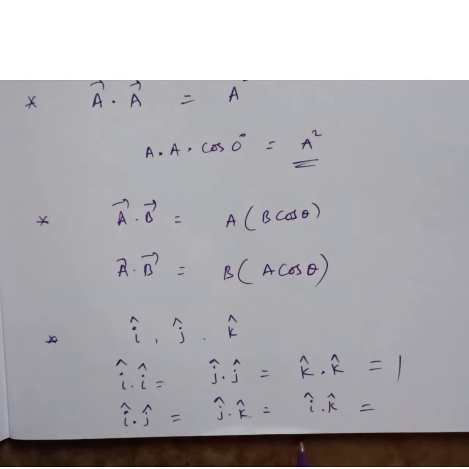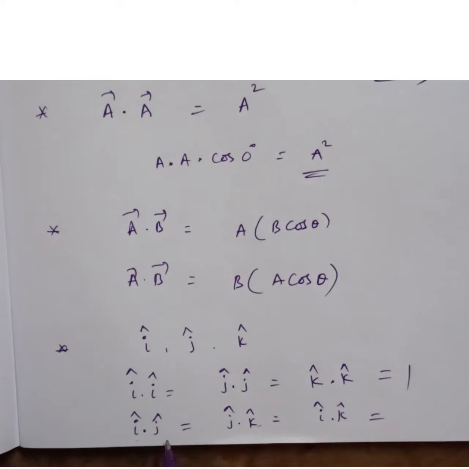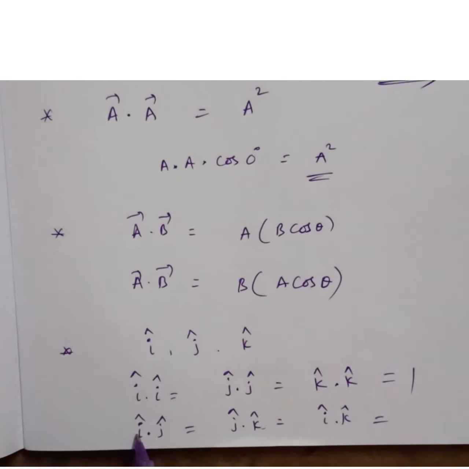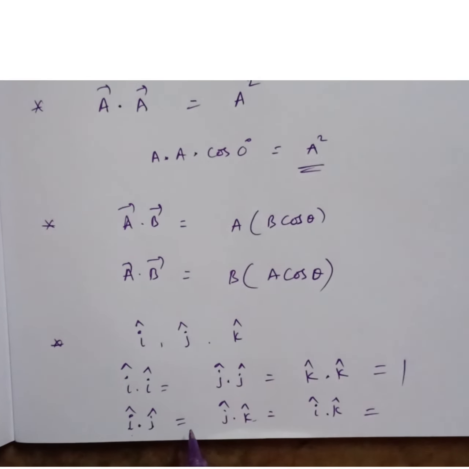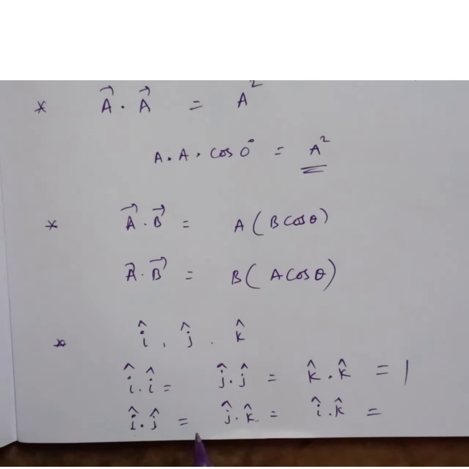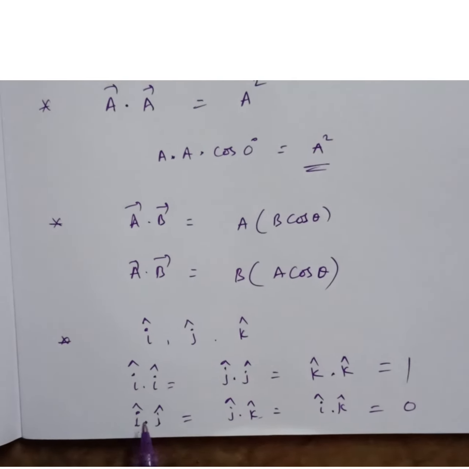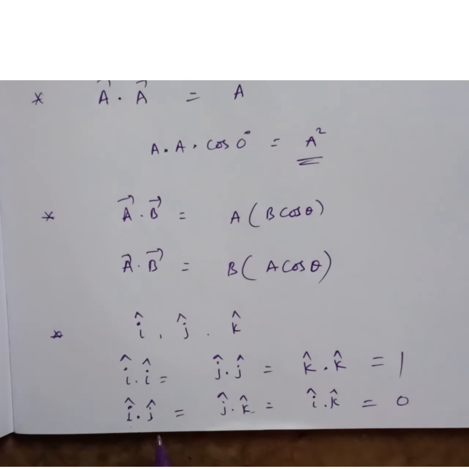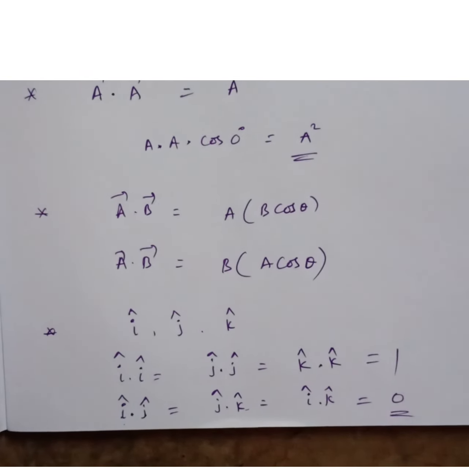So cos 90 is 0. I dot J, magnitude of I into magnitude of J into cos 90, we will get 0. So whenever we do the dot product between two vectors that are perpendicular, the result is 0.